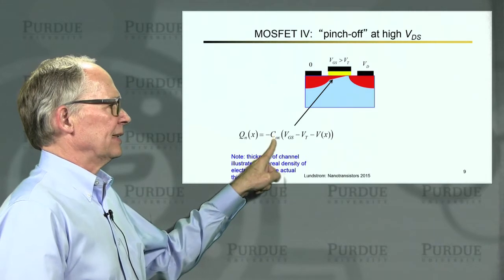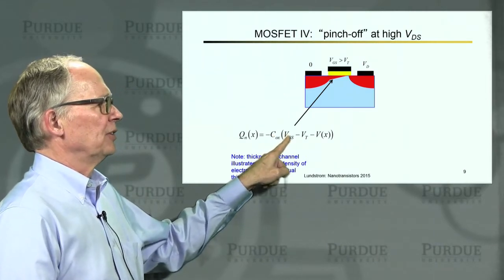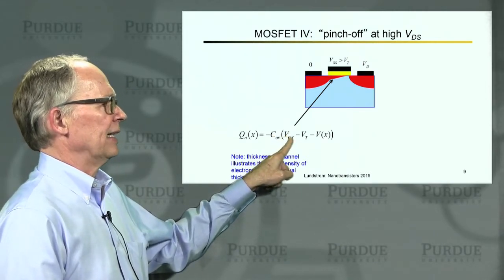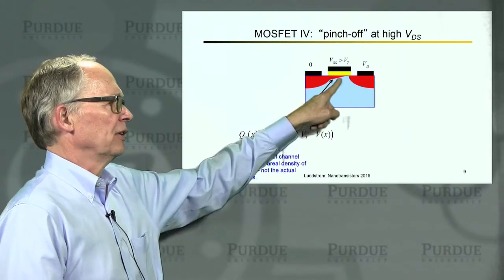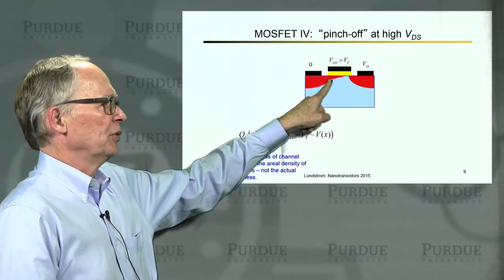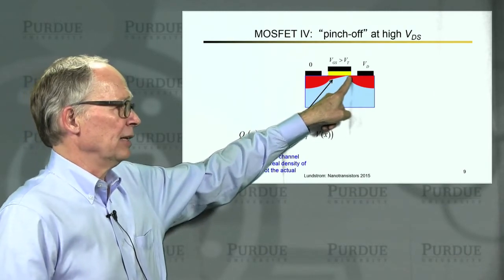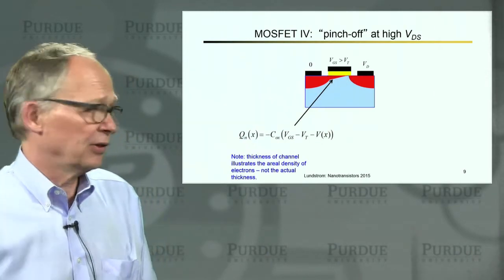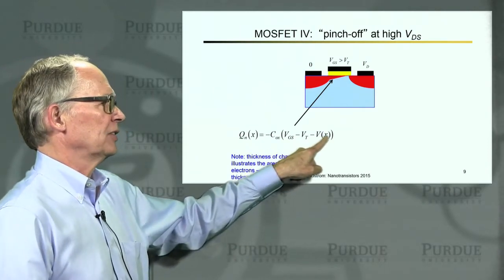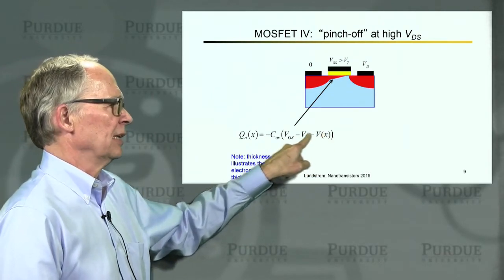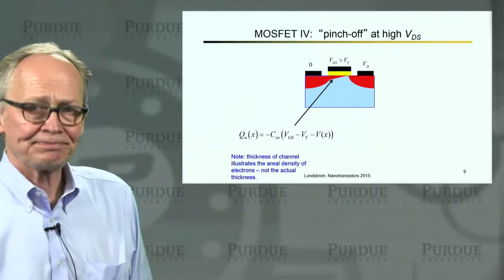We still have Cox, but what matters is the difference between the voltage in the gate and the voltage in the underlying silicon. And the voltage in the underlying silicon is 0 at the source end, and it's the drain voltage at the drain end. So that varies quite a lot. This V of x along the channel varies quite a lot. And then we have a threshold voltage in there too.